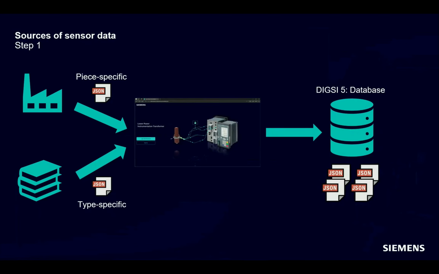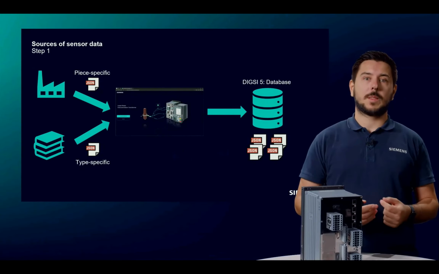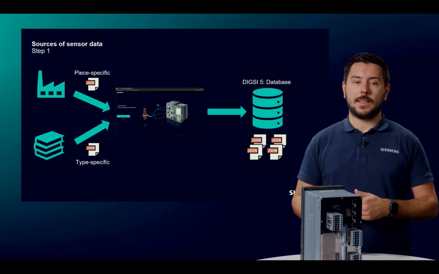The sensor data is then stored in JSON files in this database. In principle, a distinction must be made in DIXI between piece-specific and type-specific data. Piece-specific data, as the name suggests, is provided by the sensor manufacturer for each manufactured piece. Type-specific data is maintained and made available by us in the database.